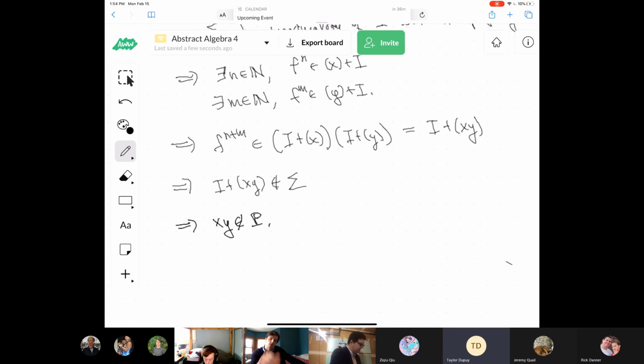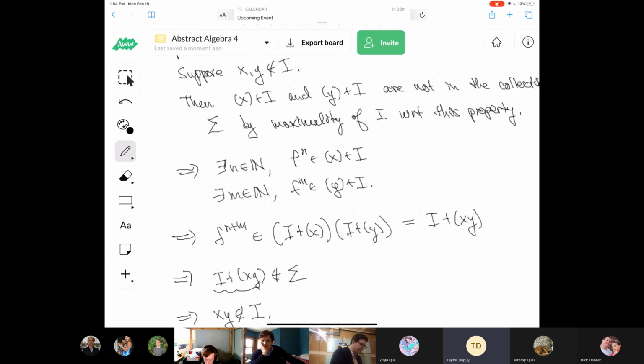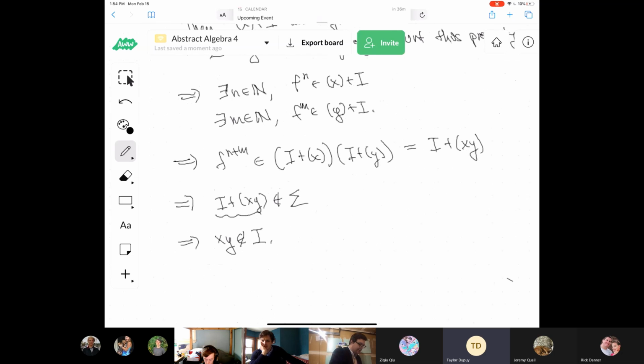So this ideal here is strictly bigger. Oh, sorry, not P, I. I called it I; I don't know why I called it P. Okay, I is P. So xy is not an element of I. If xy were an element of I, this thing would still be contained in this collection, but it's not in the collection because of this property.